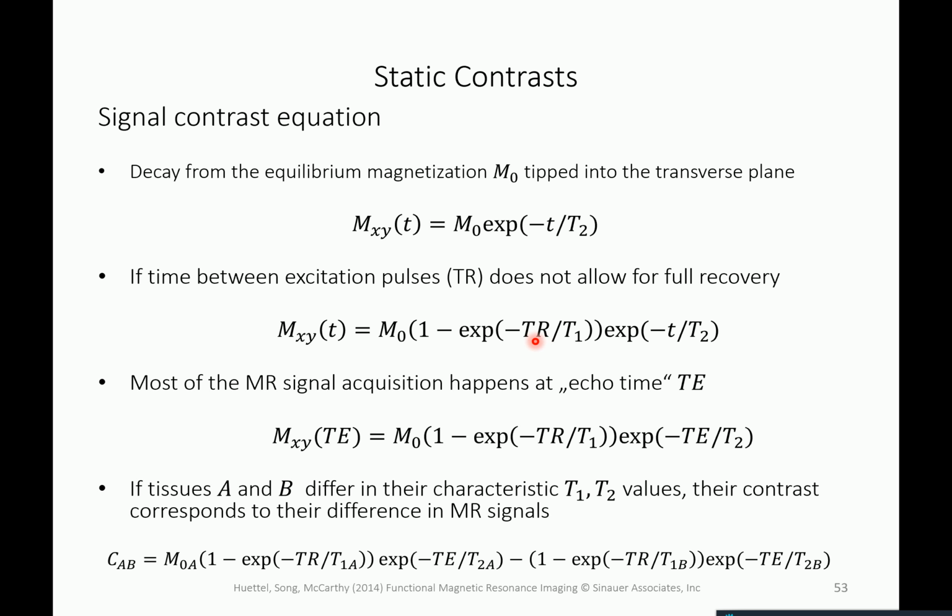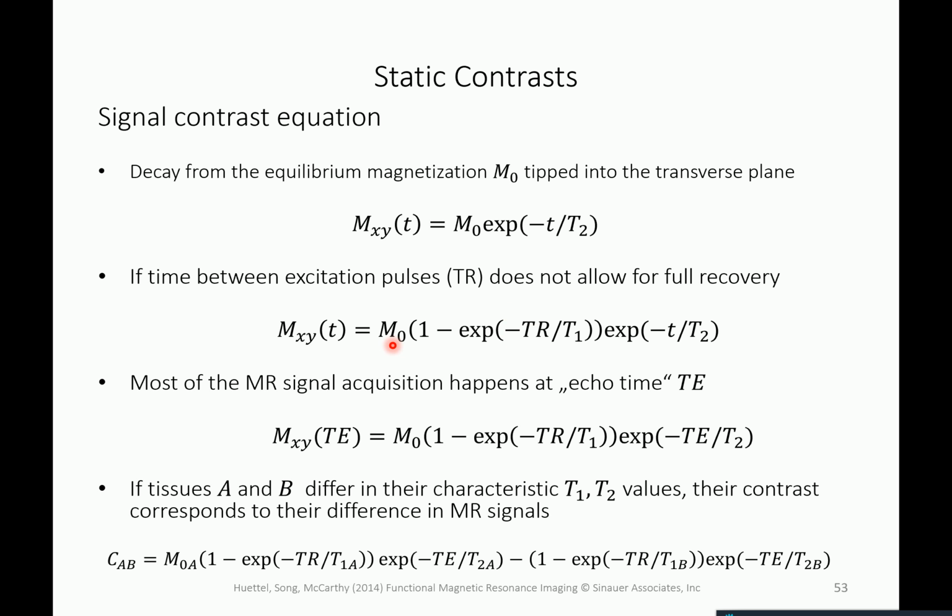if you look at the behavior in the transverse plane, accounting for the fact that there's also this T1 recovery, you get this thing, which means that depending on the TR value, essentially the ratio between the TR value and the T1 value, you either see the full length of the vector that then decays, or you only see a certain fraction of this M0 that then decays.